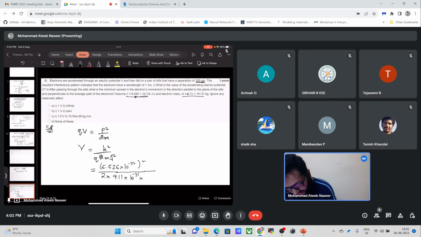This is 100 nanometers, which is 10^2 × 10^-9, squared, so 10^-14... and this is divided by 1.6 × 10^-19.